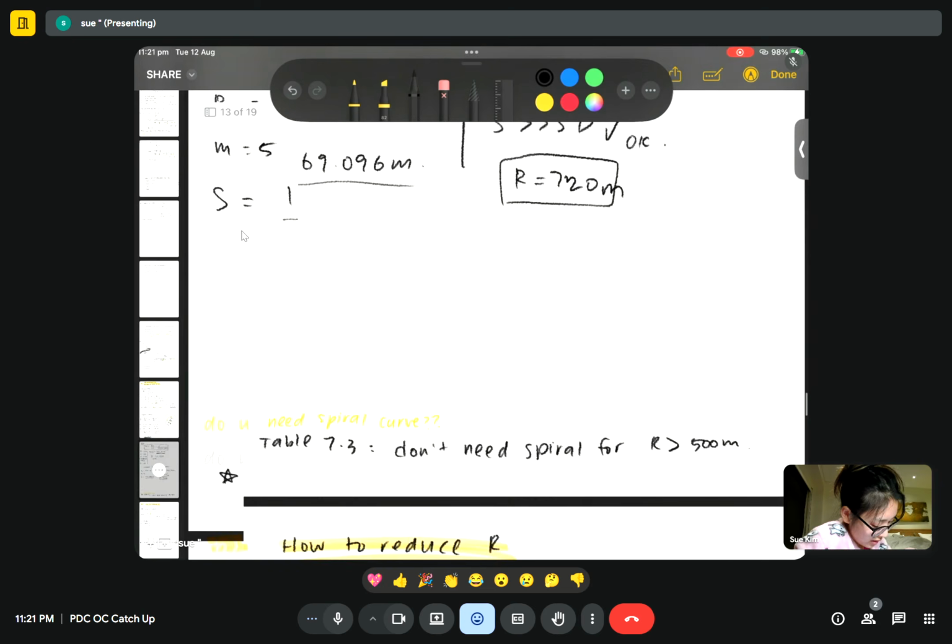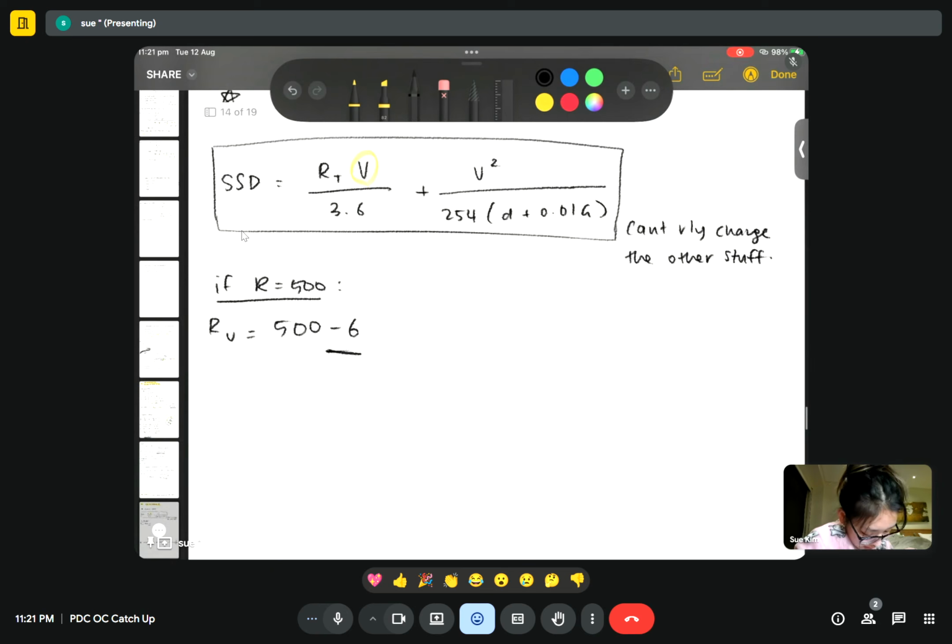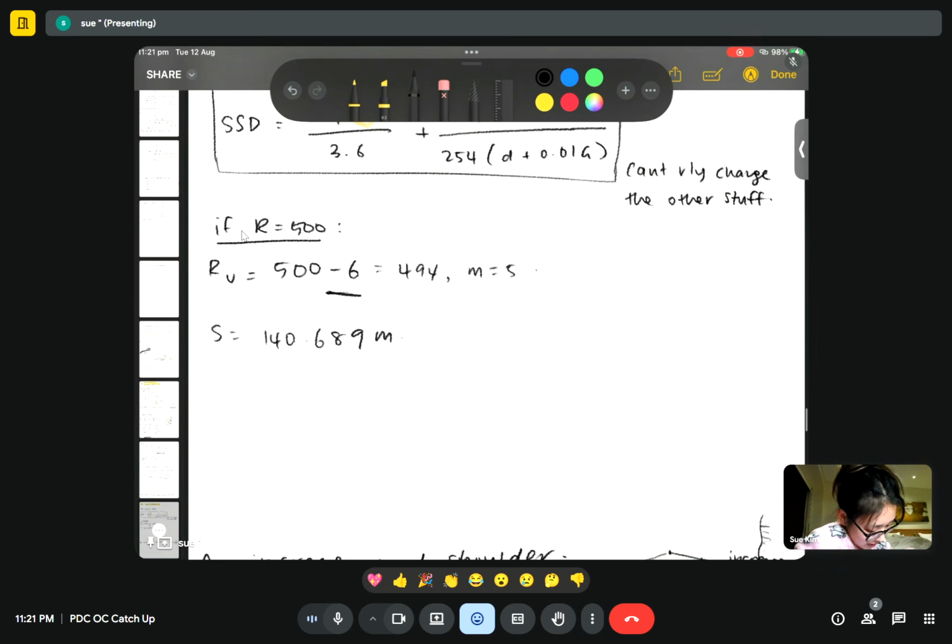So 494, and M still equals 5. So if you sub that in, you should get 689 meters.